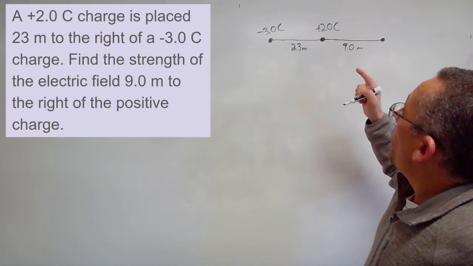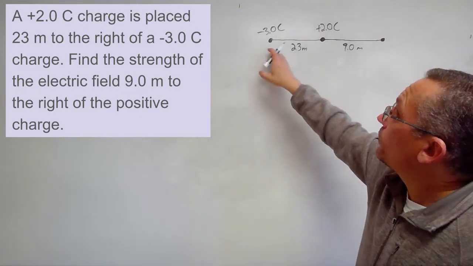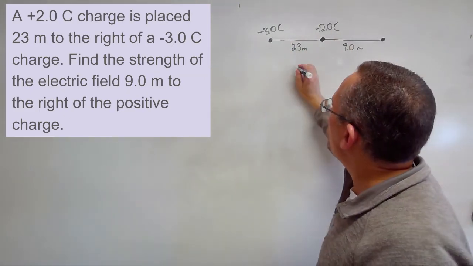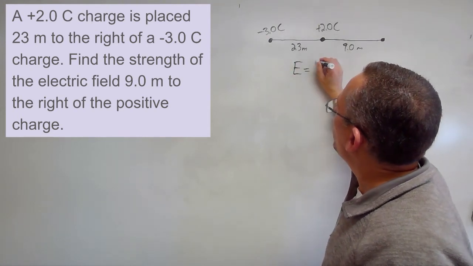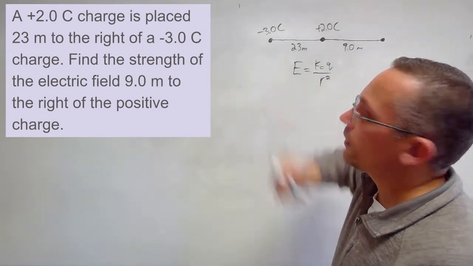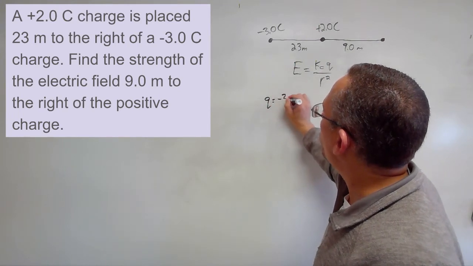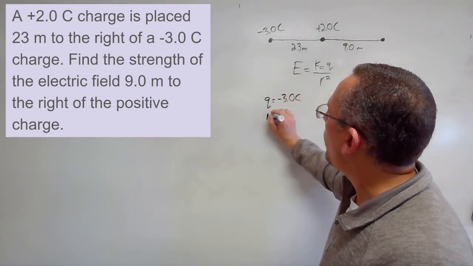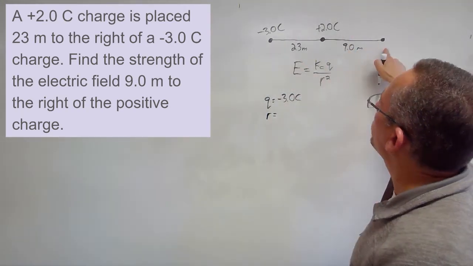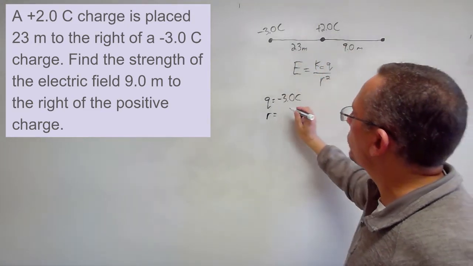So what we're going to have to do is two different problems, finding the electric field here due to each of these charges. We'll use our equation, E equals k_C Q over r squared. Let's do it for this charge first. Here, Q is negative 3.0 coulombs, and r is 23 meters plus 9 meters, which gives me 32 meters.